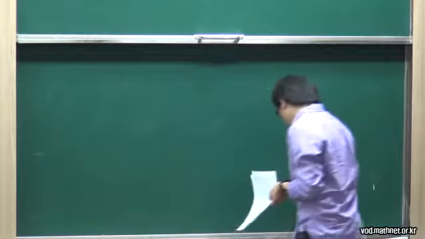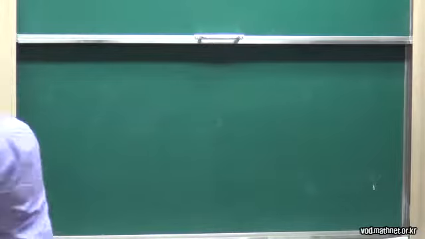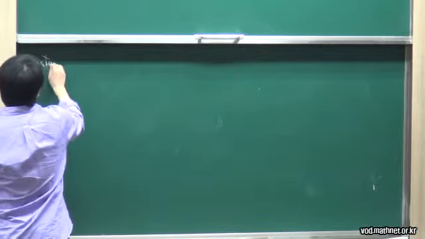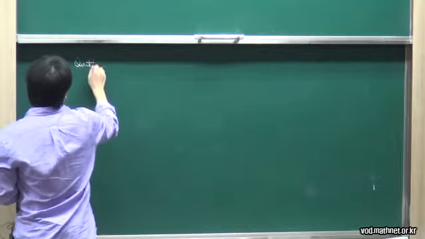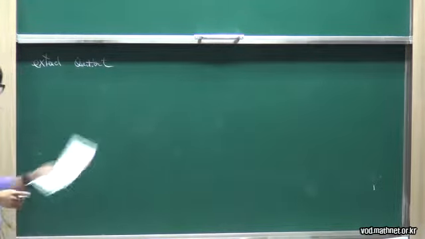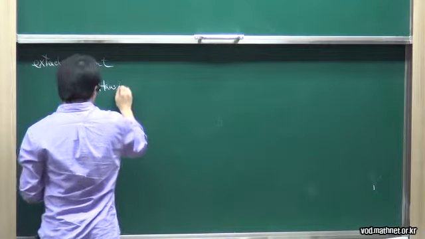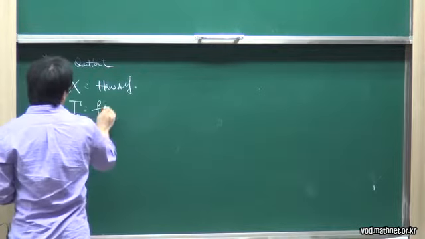This quotient comes from Alain Connes in 1980. Extended quotient, when you think about noncommutative geometry. Extended quotient: X here is a Hausdorff space, and gamma is a finite group.